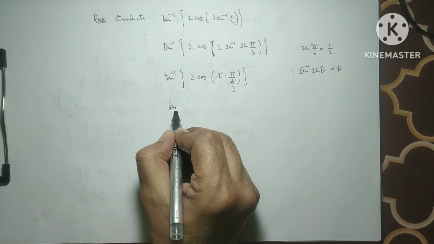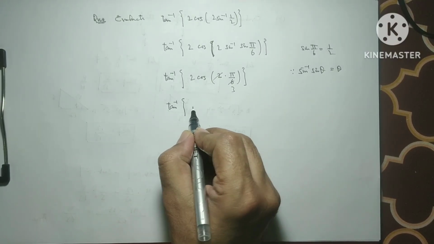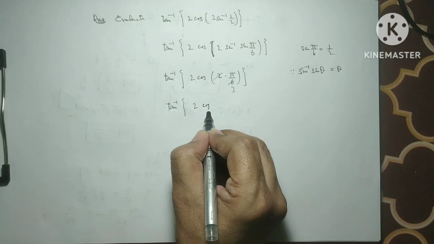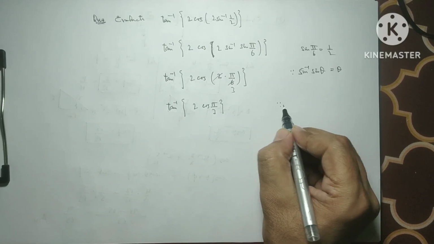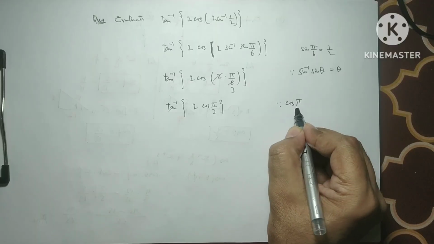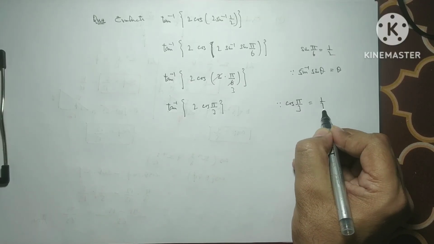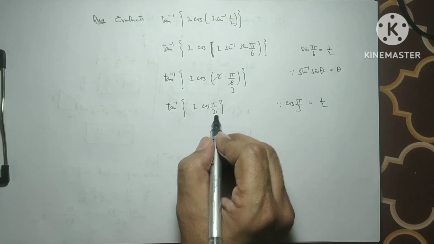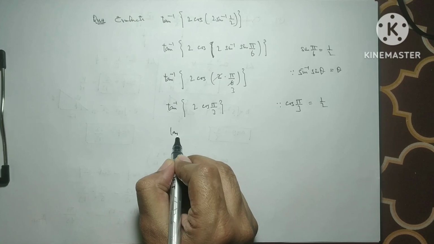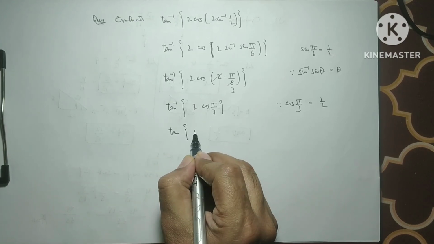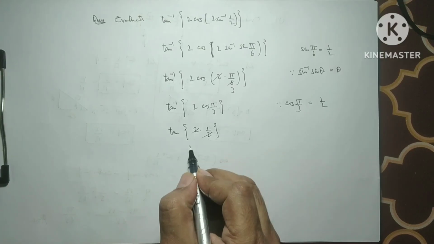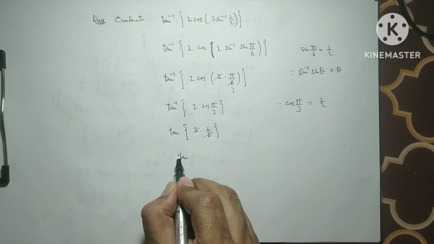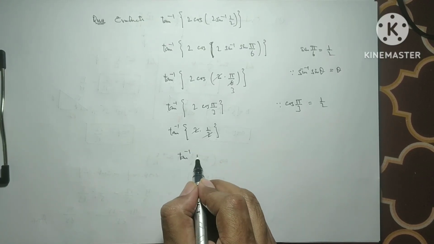This is tan inverse of 2 cos pi by 3. Cos pi by 3 is cos 60, and we know the value of cos pi by 3, that is half. So we put this value in cos pi by 3. So it is tan inverse 2 into half, that cancels out, we get tan inverse 1.